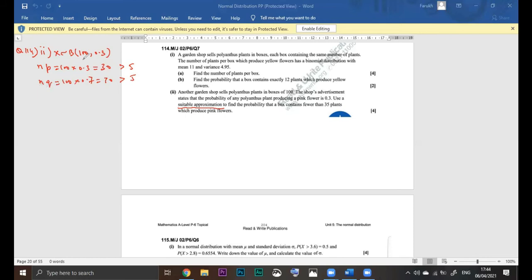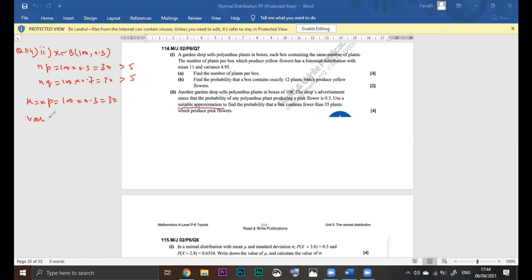Now we want to convert this binomial distribution into a normal distribution. The parameters of the normal distribution are mu and variance. We will find out mu. Mu is equal to np is equal to 100 into 0.3 is equal to 30.